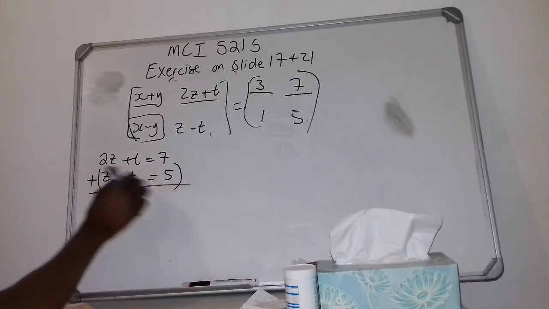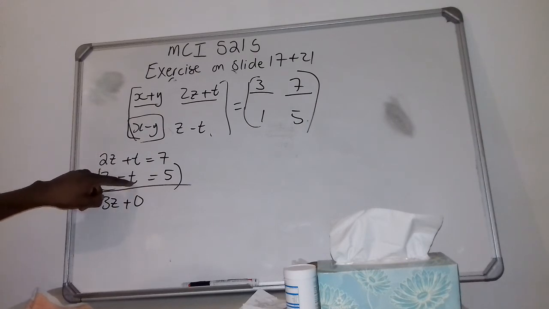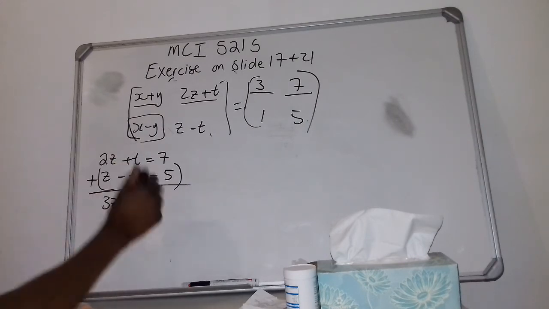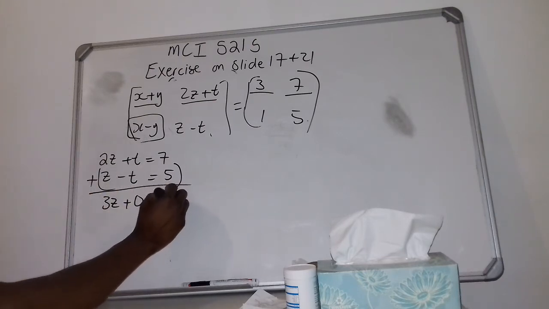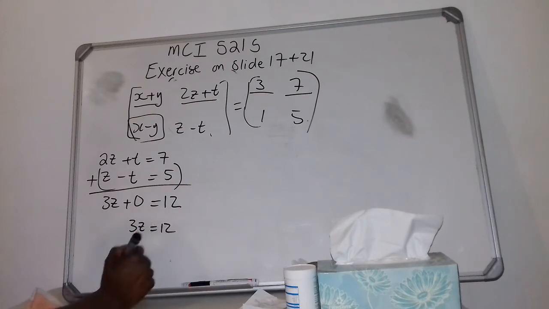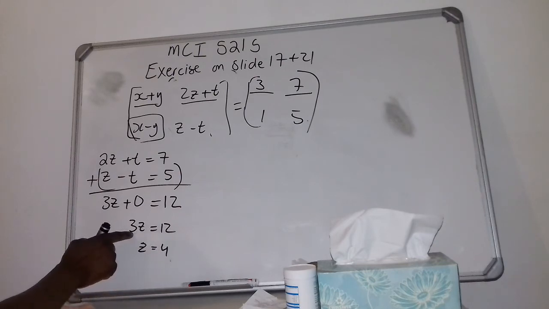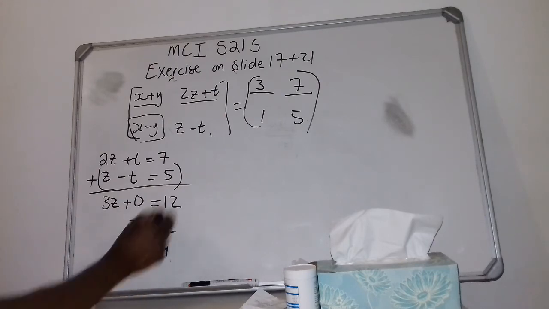Plus 0, of course, because the t terms cancel each other: 1t plus a negative t gives 0. And then 7 plus 5 gives me 12. So I have 3z is equal to 12, therefore z is equal to 4. If I divide both sides by 3, 3z divided by 3 gives me z, and 12 divided by 3 gives me a 4.